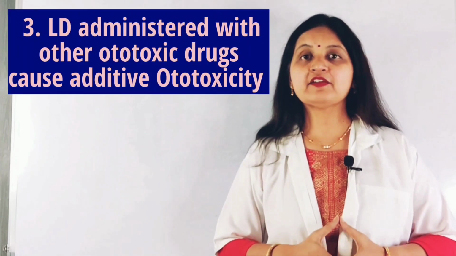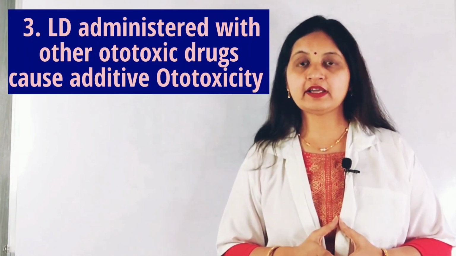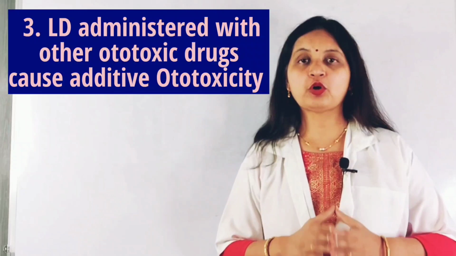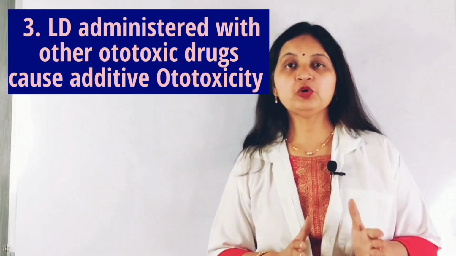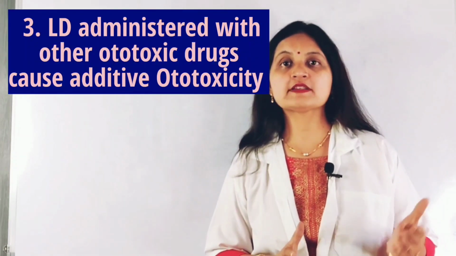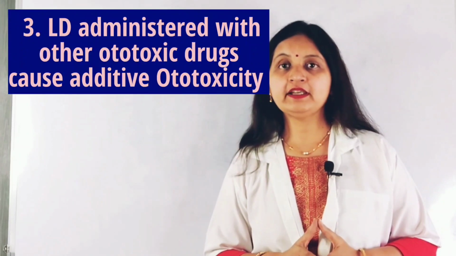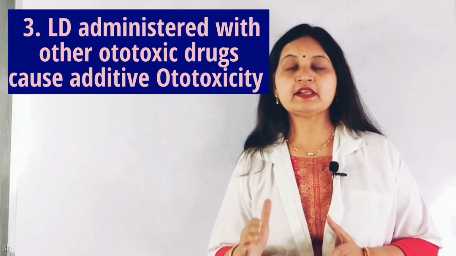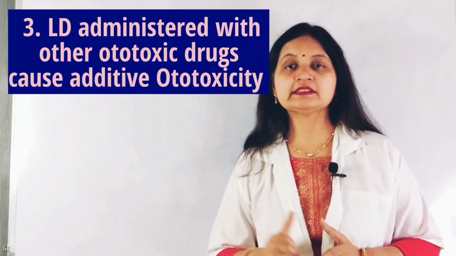Next, loop diuretics when administered with ototoxic drugs exhibit additive ototoxicity. Because the loop diuretics can themselves cause ototoxicity or hearing impairment, when administered with ototoxic drugs such as aminoglycosides, there can be irreversible ototoxicity. Therefore, the administration is not recommended.